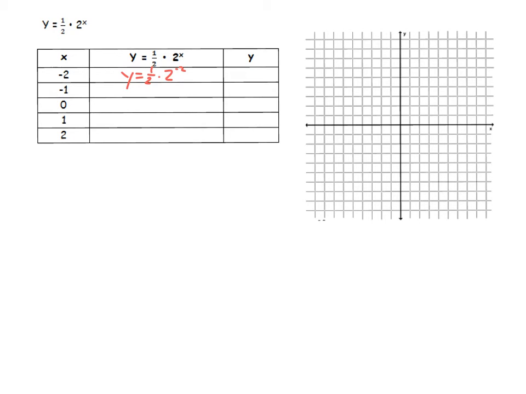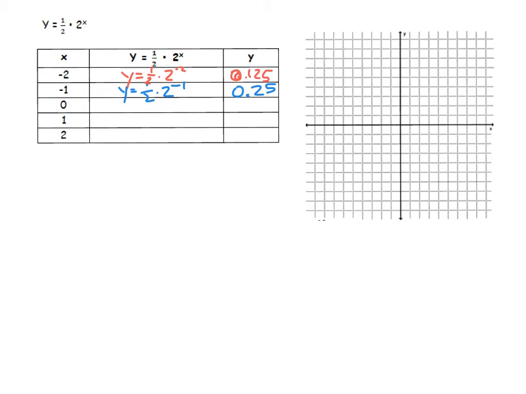Again, if you use your calculator, you can multiply 0.5 times 2 raised to the negative 2, and that is 0.125. And then we'll go ahead and do y equals 1/2 times 2 to the negative 1, and when you do that, you're going to get 0.25.